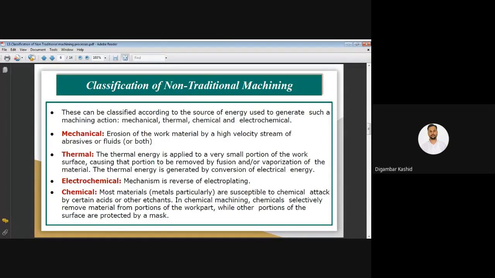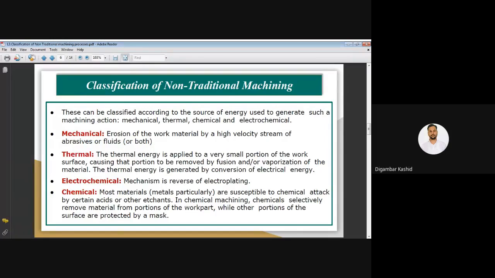For non-conductive materials, mechanical type machining, that is abrasive jet machining, ultrasonic machining, abrasive water jet machining, abrasive flow machining, water jet machining, and magnetic abrasive finishing processes can be used. In the case of thermoelectric advanced machining processes, laser beam machining (LBM), plasma arc machining (PAM), and ion beam machining (IBM) can be used.